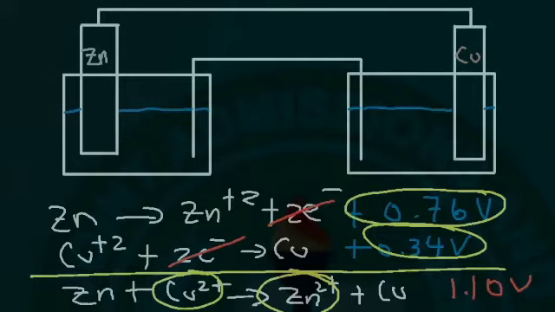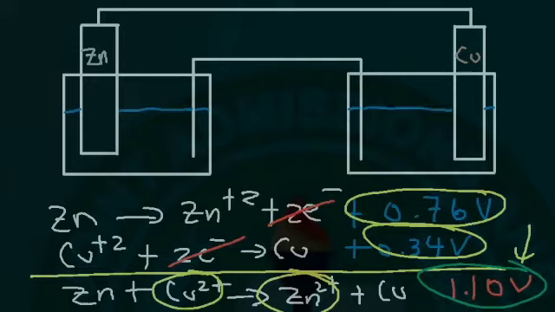If the concentration is different, the cell potential won't be 1.1 volts. It's going to vary. It might be 1.08, it might be 1.15. But whenever you have a standard cell potential, that means that the concentration of the ions is also standard. It's 1 mole per liter.